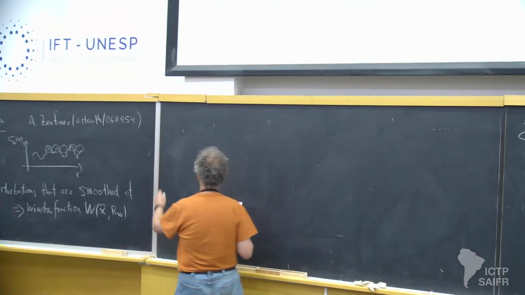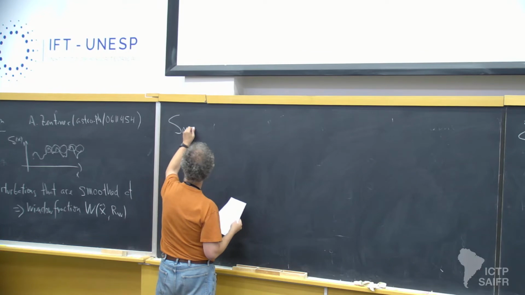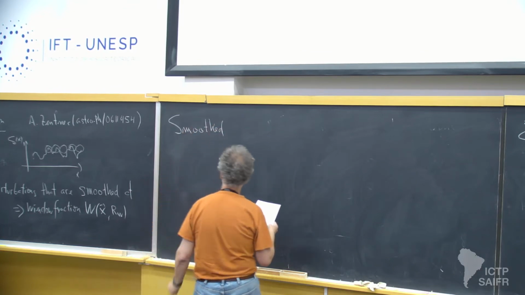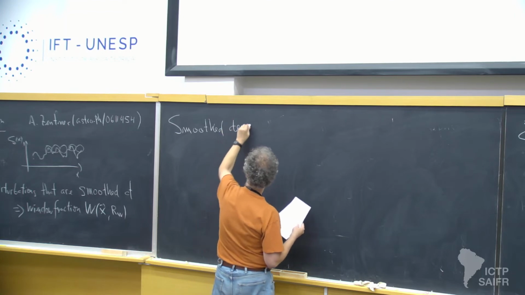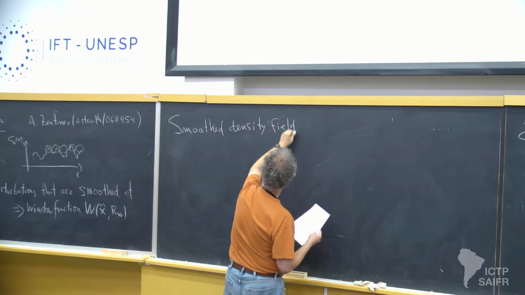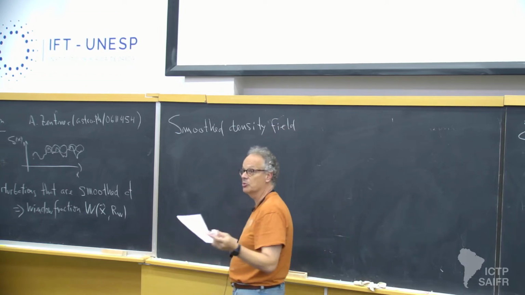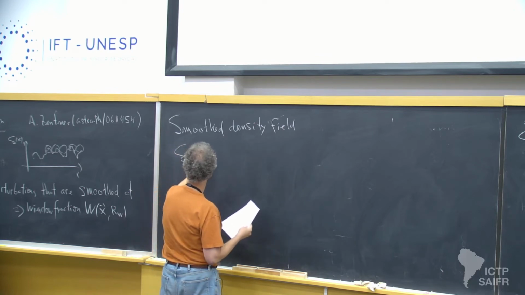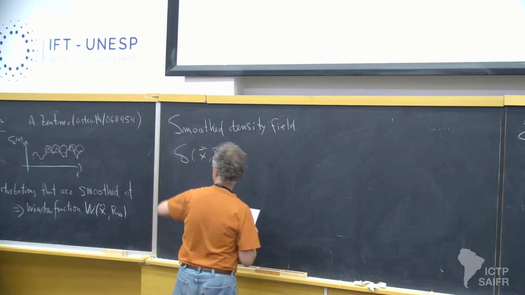And then we can talk about a smoothed density field, which is what we actually observe. And that depends on the smoothing scale.